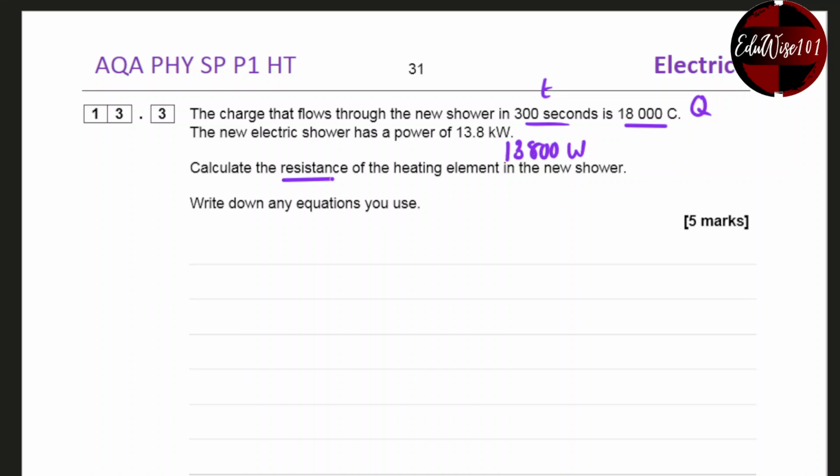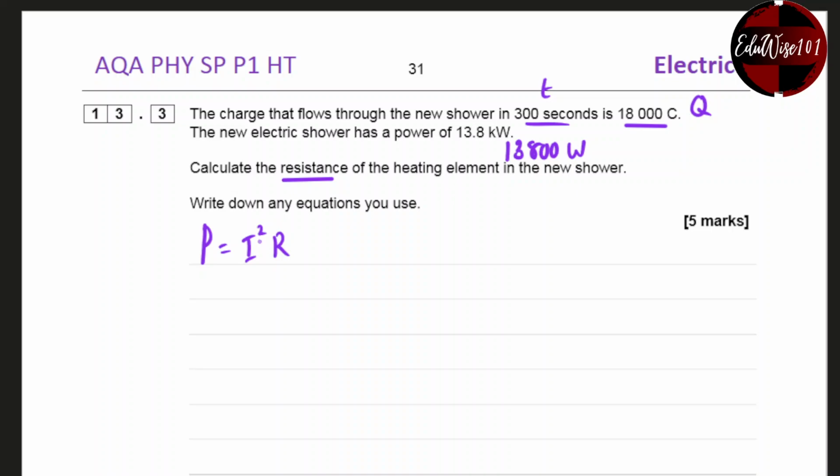Calculate the resistance of the heating element. Use any equation. Write down the equation that you use. So 5 marks. Now, the equation that links power equals I squared R.